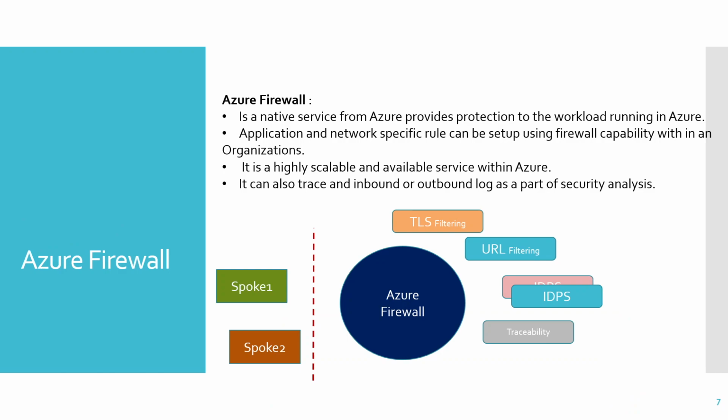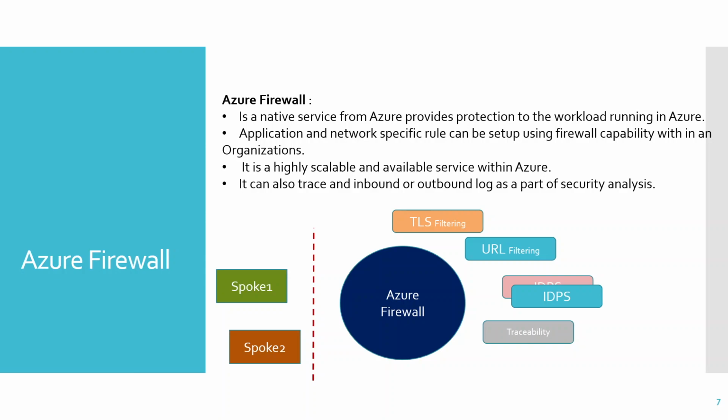Now the second important aspect is Azure Firewall. Azure Firewall is a native capability from Azure, and it provides protection to the workloads running in Azure. Application and network specific rules can be set up using the firewall capability within the organization. So what is a network specific rule?